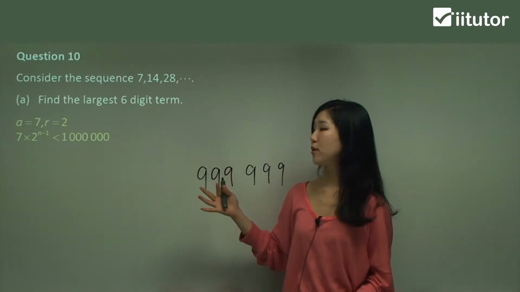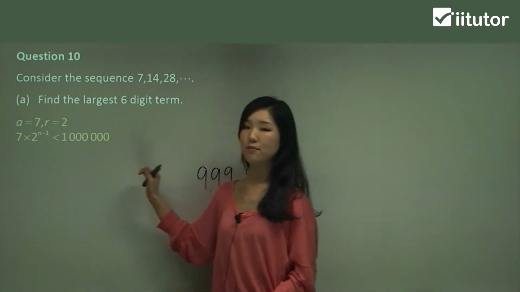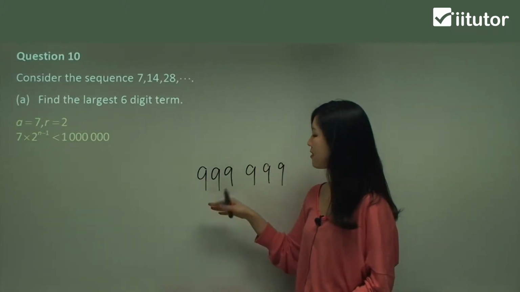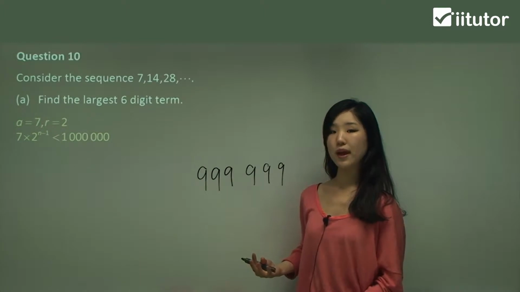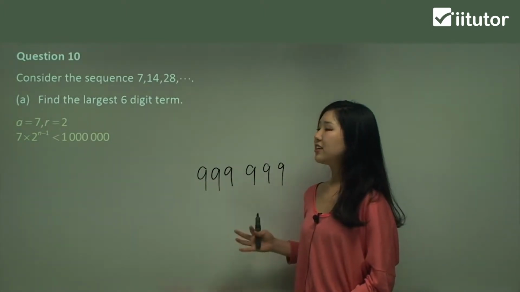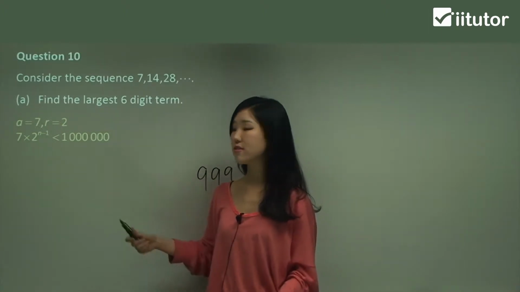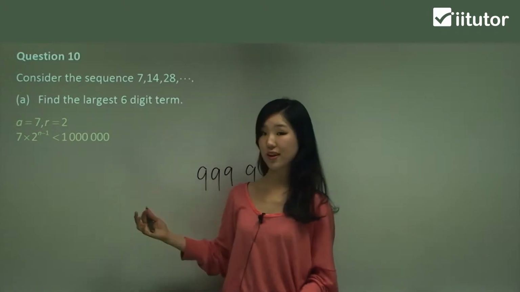The reason I put an inequality sign is because of what I told you previously: the largest 6-digit term as an integer is just less than 1 million, since 1 million is the smallest 7-digit number. See how this is 1, 2, 3, 4, 5, 6, 7 digits?